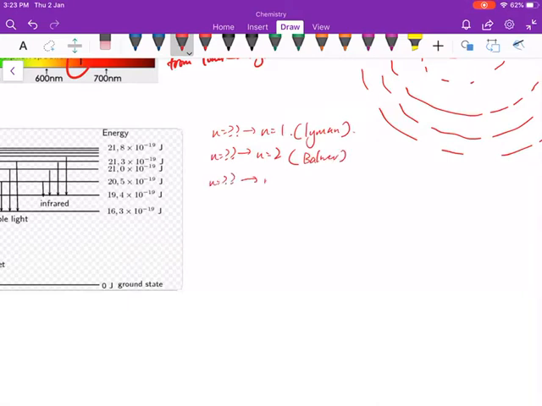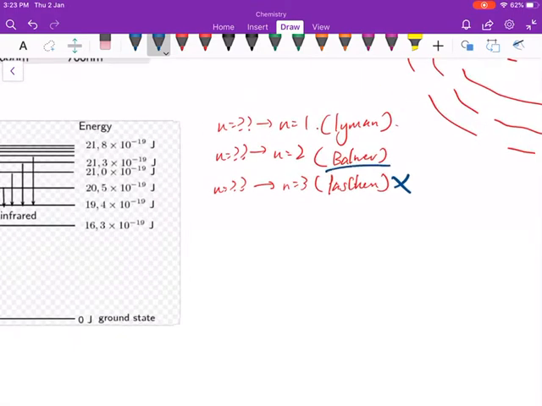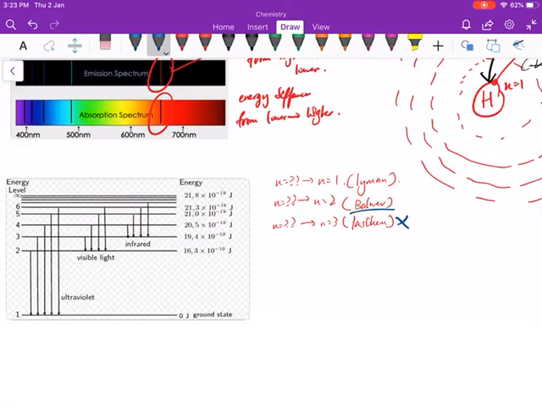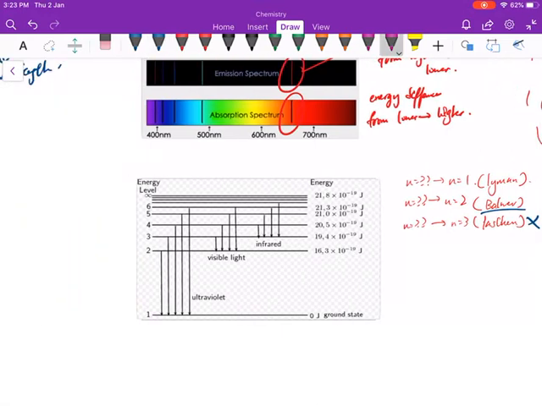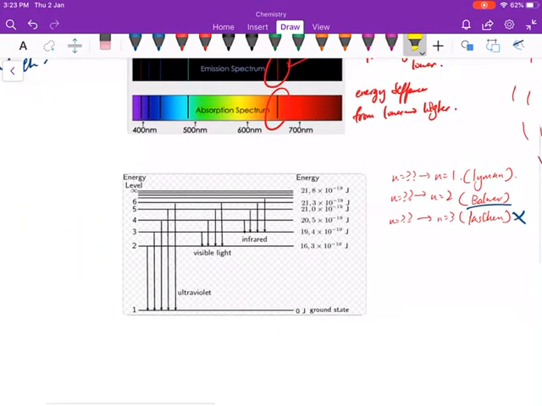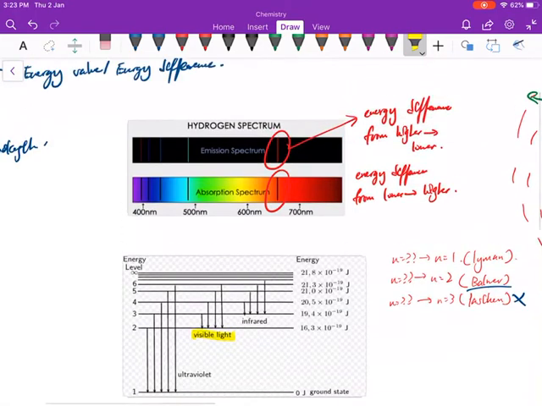Some energy level dropping to the third energy level is the Paschen series, but we don't really care about this one because it doesn't have much significance. The Balmer series, however, is quite important, because wherever the energy level drops to n equals 2, it is in the visible light region, which is why we can see this spectrum here.